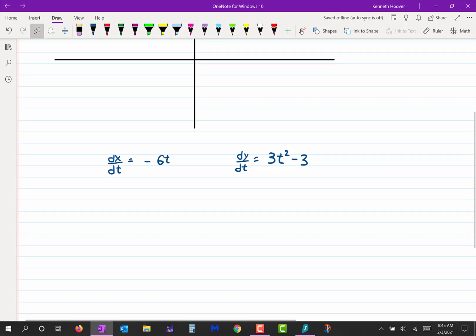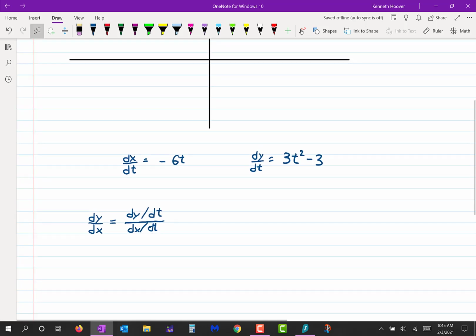Okay, good. Now, we can use that to find dy dx. Do you remember the formula for that? Dy dx equals dy dt divided by dx dt. Remember from the last lecture? And so what are we going to get here? We're going to get 3t squared minus 3 divided by negative 6t. Let's go ahead and simplify that.